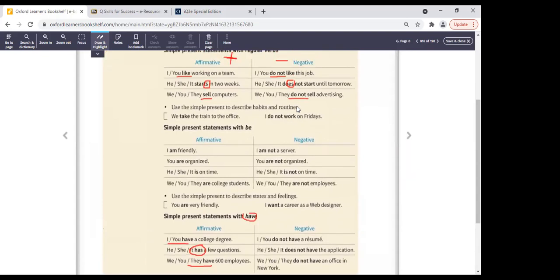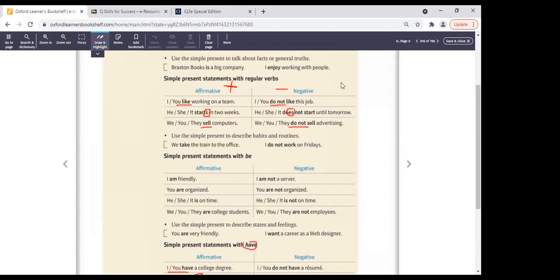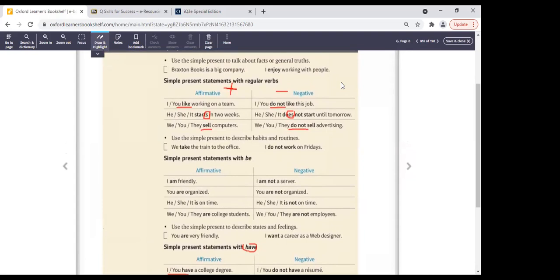Excellent. Munir, do you want to add anything?